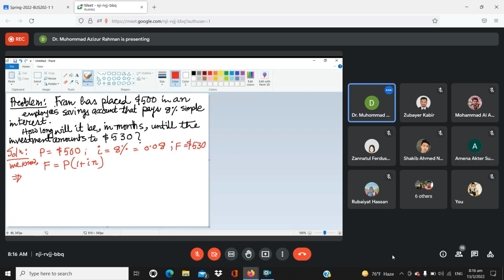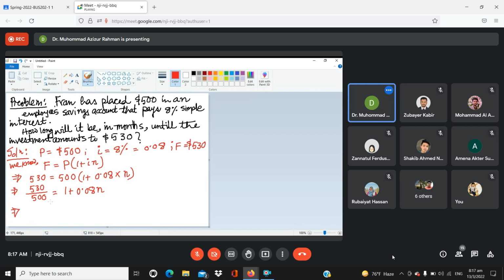F equals 530, P equals 500, 1 plus 0.08 into N. If you divide 530 by 500, this equals 1 plus 0.08 N.